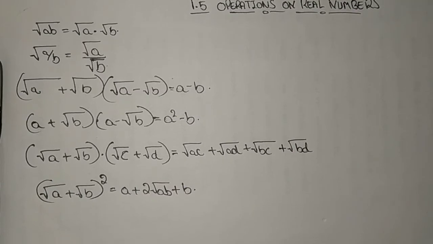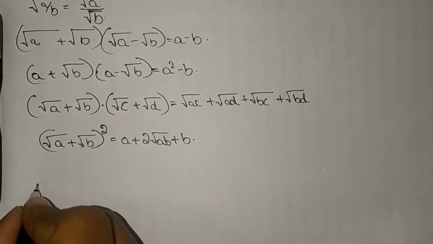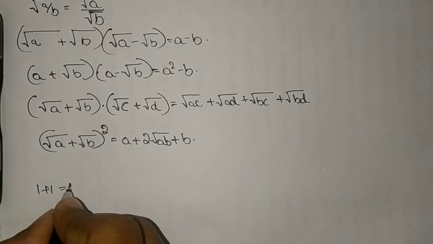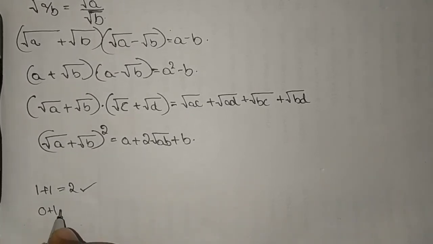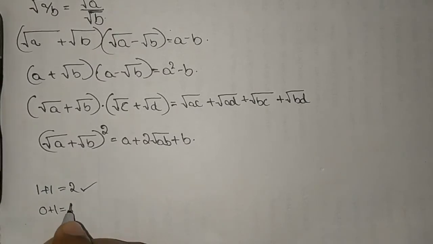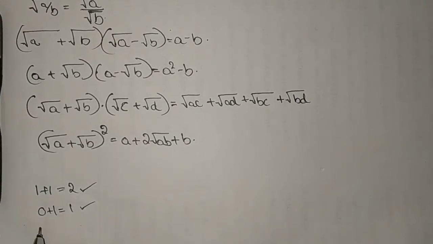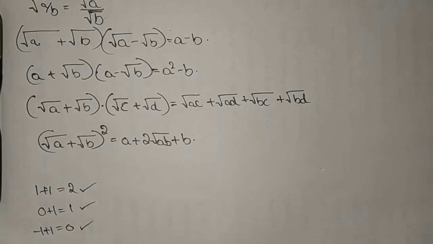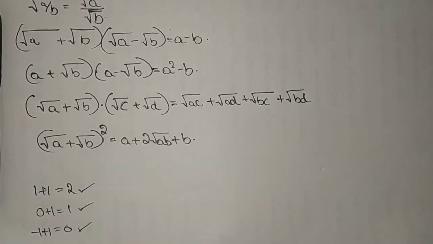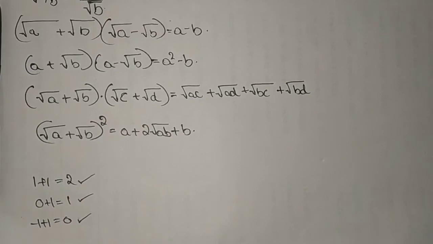Let me give you natural numbers: 1 plus 1 is 2. 0 plus 1 is even easier than this one, 1. This is whole number addition. Integers: minus 1 plus 1 is 0. You learned all these things.